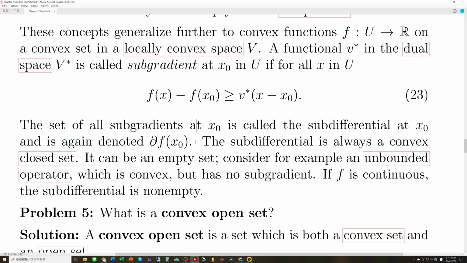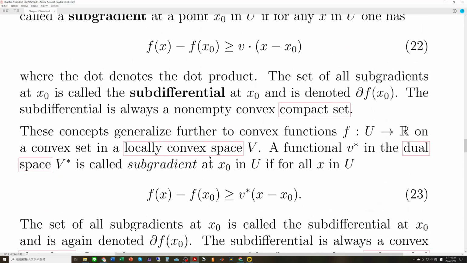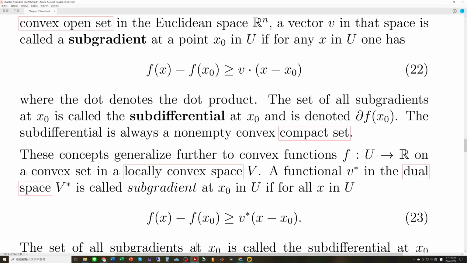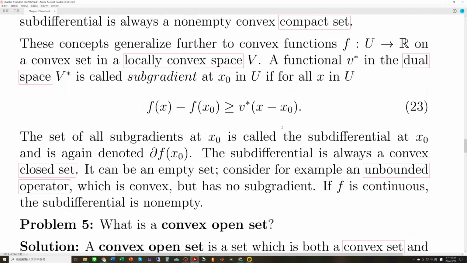Okay, it is the same as the previous sentences after equation 22. The subdifferential is always a convex closed set. What is a closed set? We will explain it later.